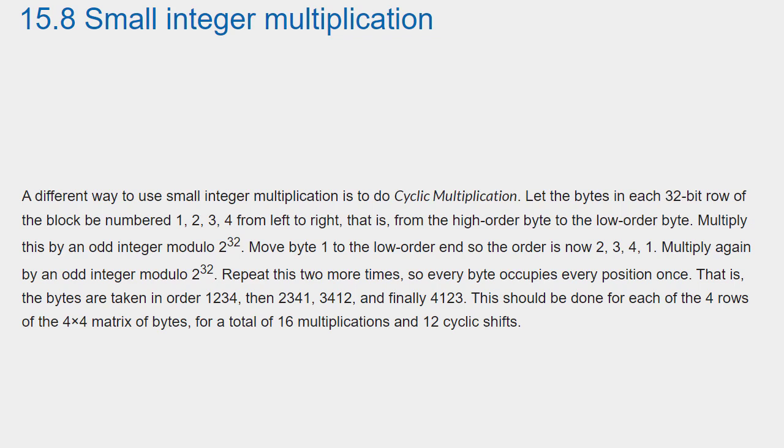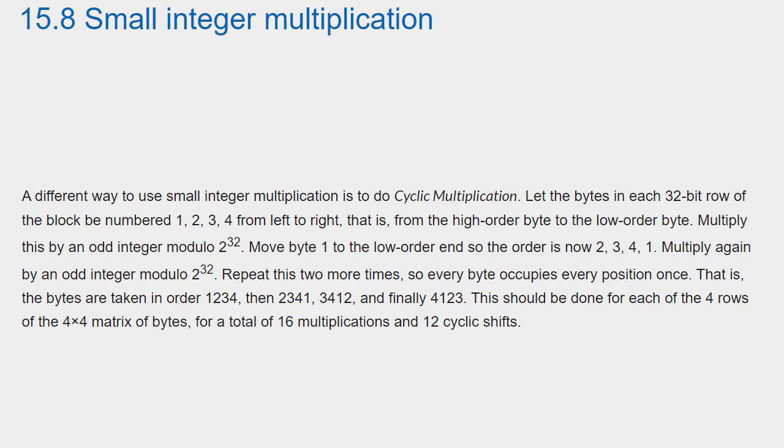A different way to use small integer multiplication is to do cyclic multiplication. Let the bytes in each 32-bit row of the block be numbered 1, 2, 3, 4 from left to right, that is, from the high-order byte to the low-order byte. Multiply this by an odd integer modulo 2 to the power 32.